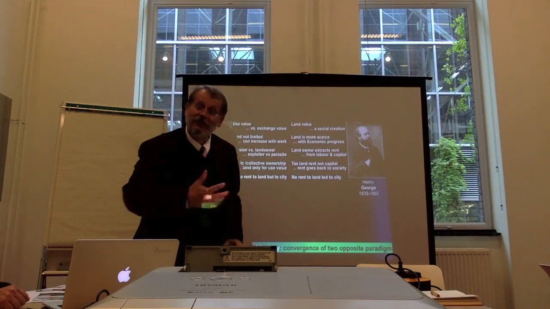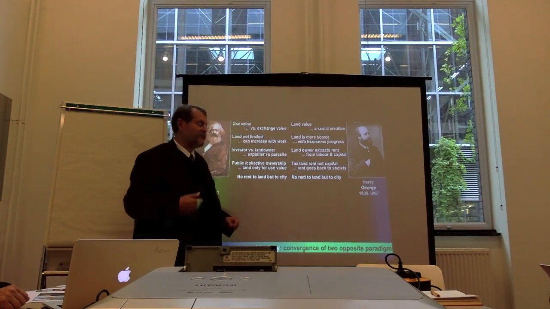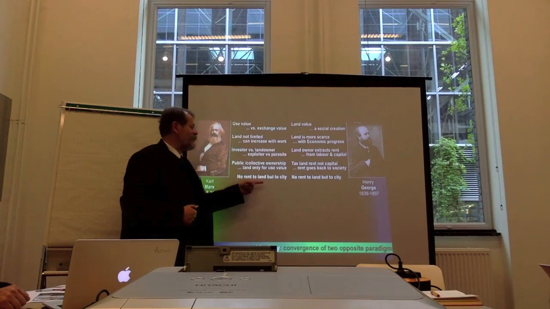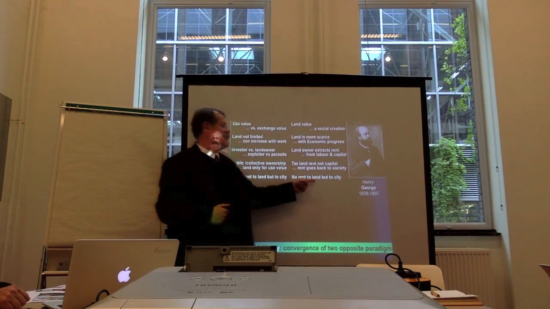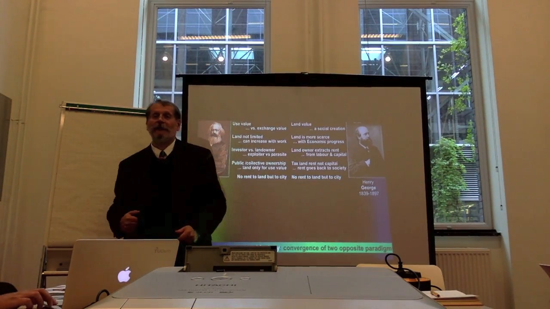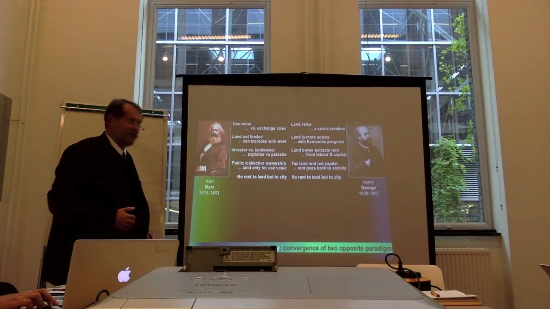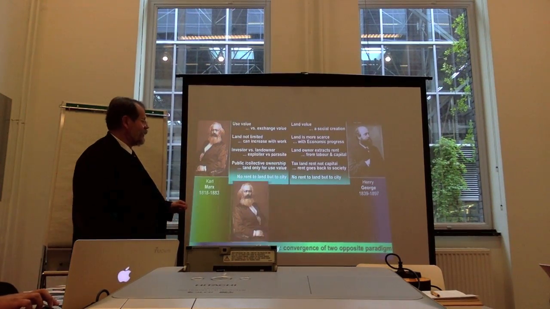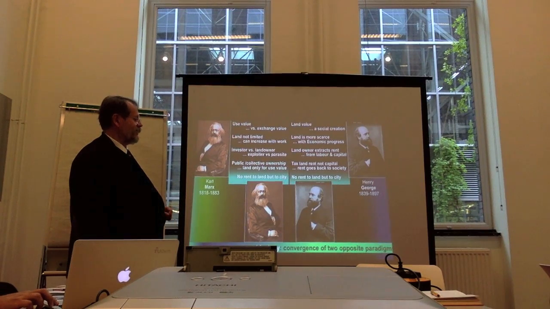You have to pay such a high tax that they will invest it in the city. At the end, they were both saying no rent to land, but to the city. So we have Karl Marx and Henry George.